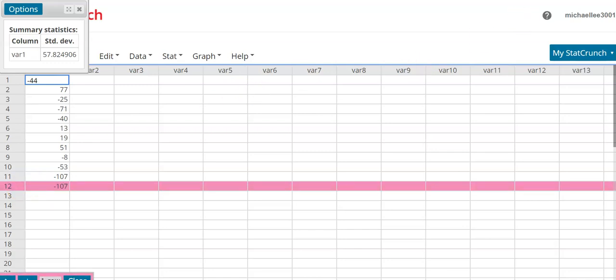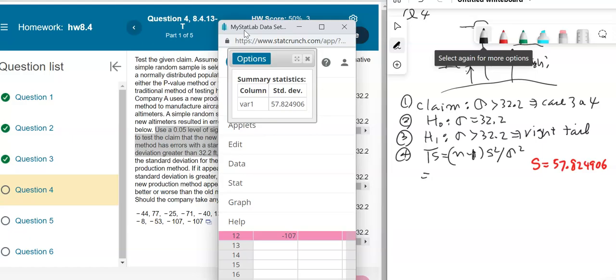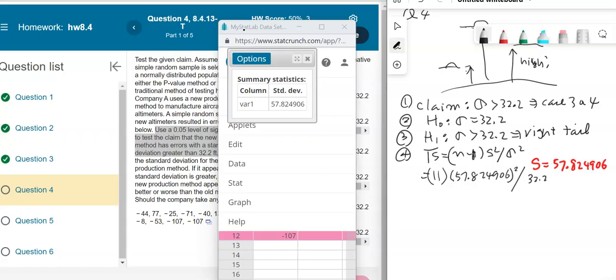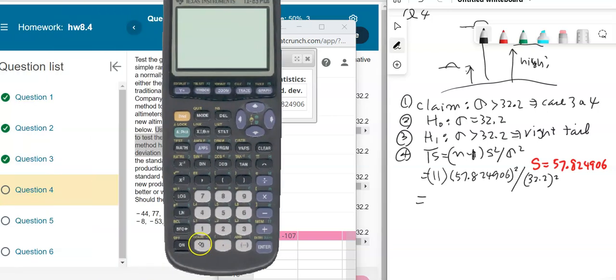Okay. So now, put it over here. So 12. So 12 minus 1 is 11. S is 57.824906 squared divided by 32.2 squared. Okay. So calculator out here.